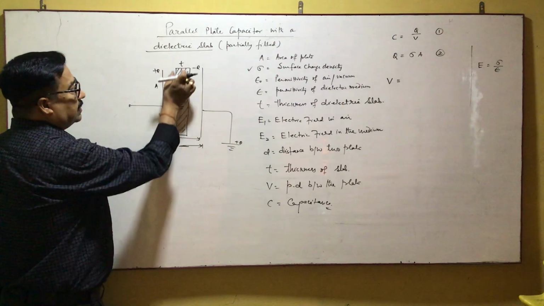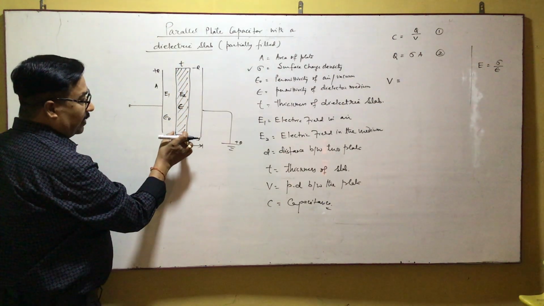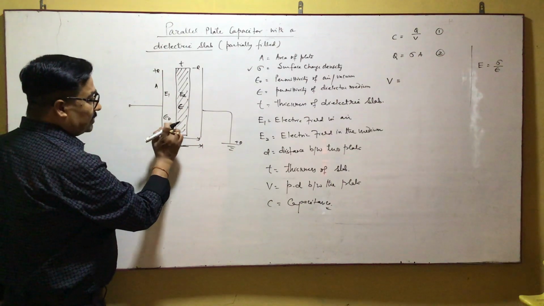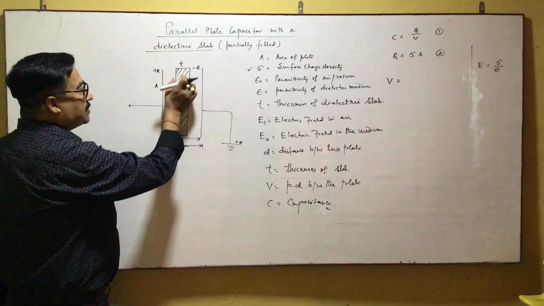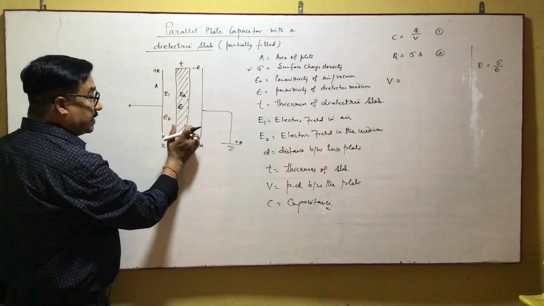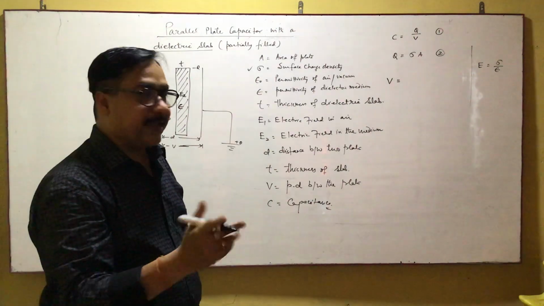If the slab of thickness T is inserted, the remaining distance D minus T is for air.